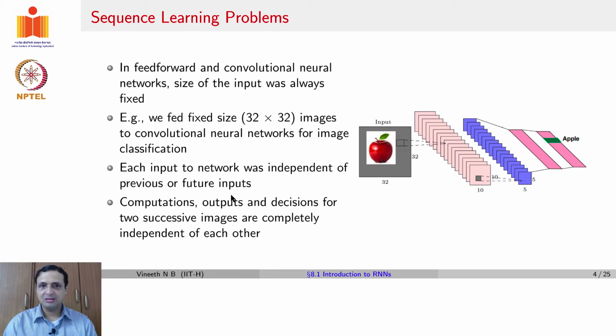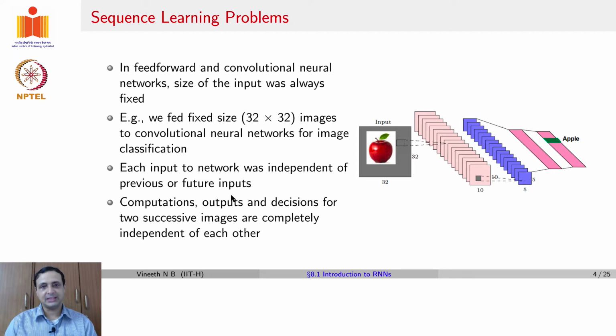What do we mean? This also relates to the common property called IID, which we associate with datasets in machine learning. IID stands for identically, independently distributed.